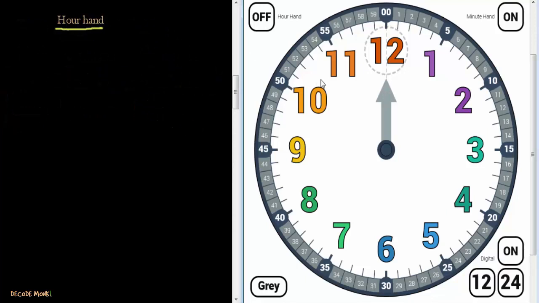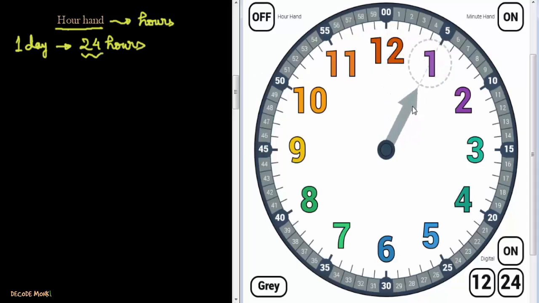Hour hand. H is silent, so it's hour. The hour hand represents the hours. A single day has got 24 hours. Suppose the hour hand is at 1, then it is 1 o'clock. When the hour hand is at 2, it's 2 o'clock.